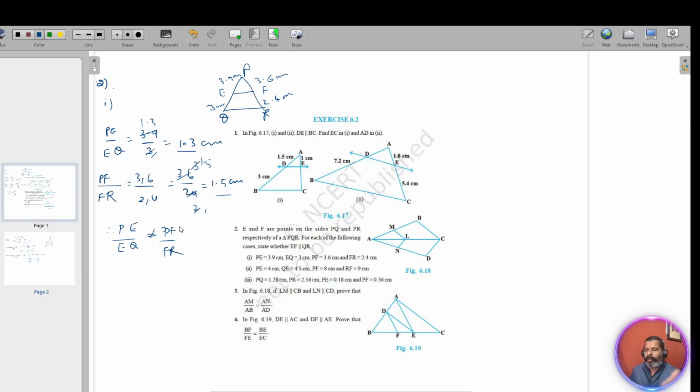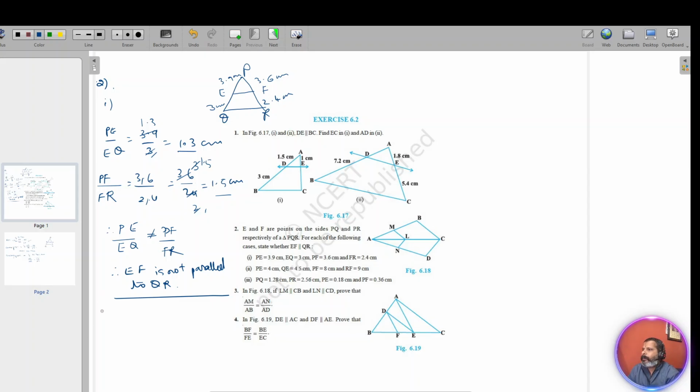So we conclude here: therefore, EF is not parallel to QR. Find the ratios and compare the values. If they are equal, say EF is parallel to QR. If not, say EF is not parallel to QR.